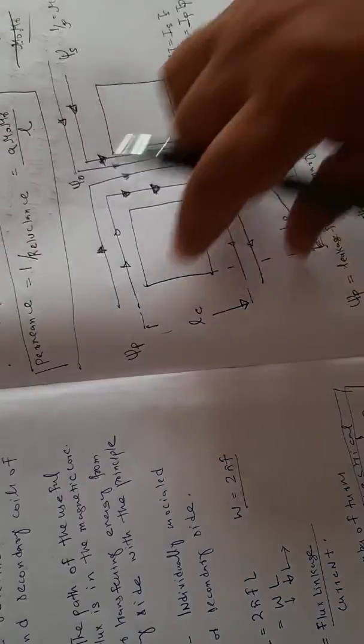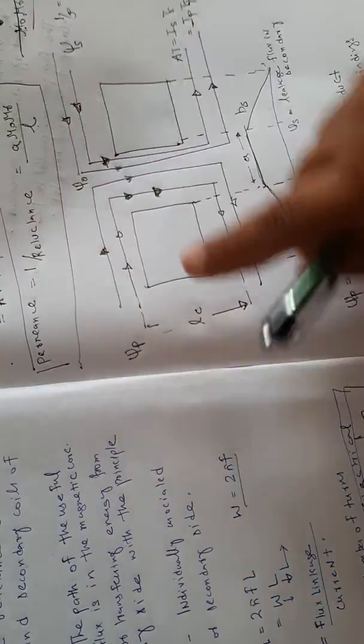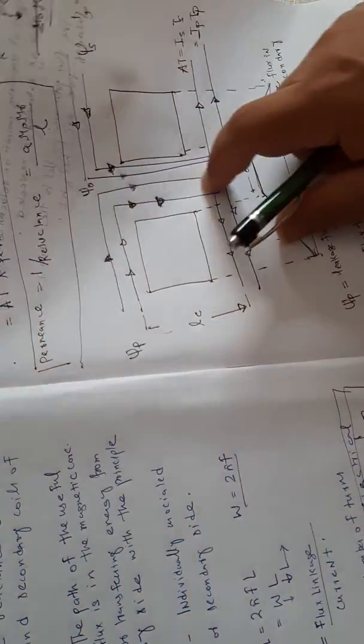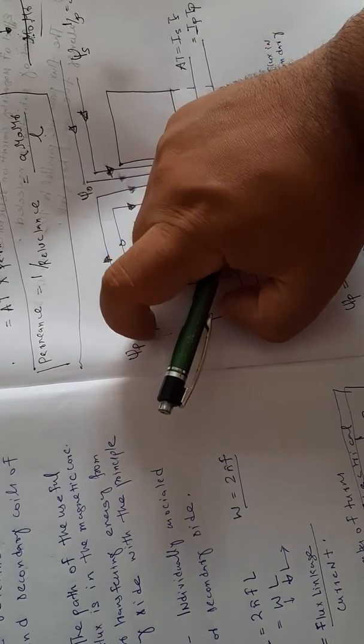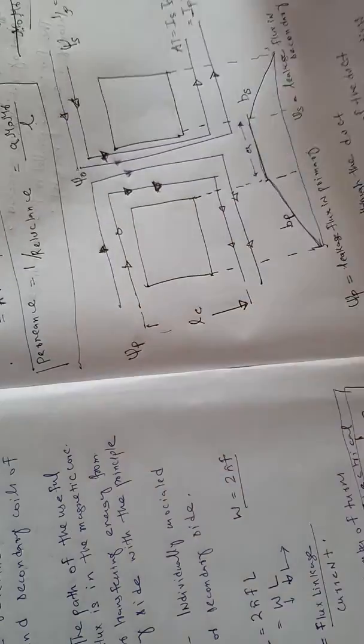If you see this axial height, the flux paths are parallel along the axial height, and the axial height would remain the same. Equal axial lengths for both primary and secondary windings we are considering.